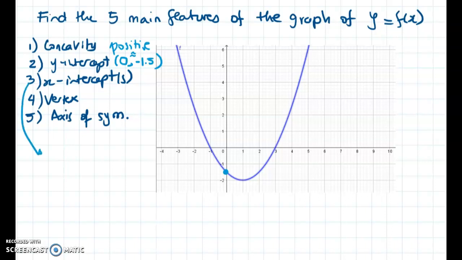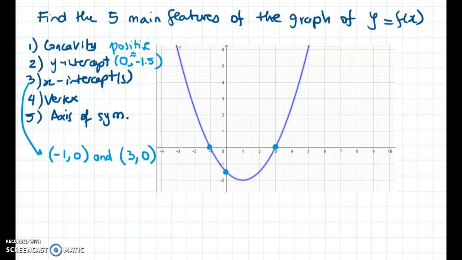For the x-intercepts, we have here one x-intercept going through negative 1, and another one is going to 3, and it looks like this is precise. So I'm going to write over here the coordinates of those points. Negative 1, 0 is one of the x-intercepts, and the other one is 3, 0.